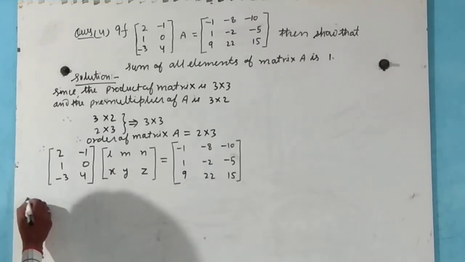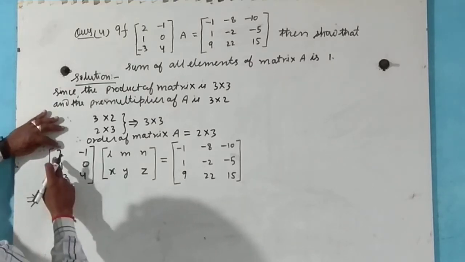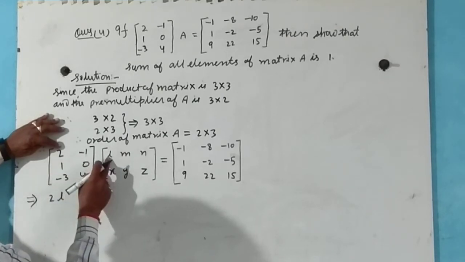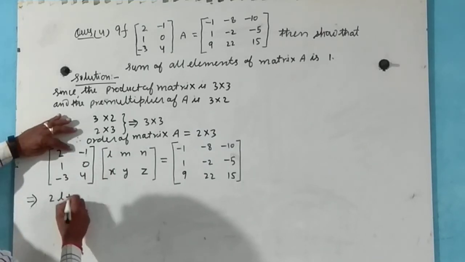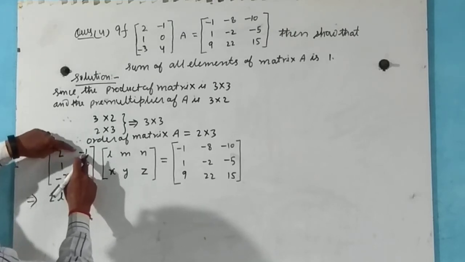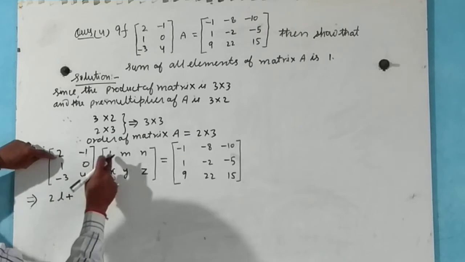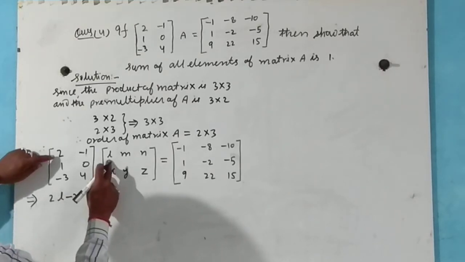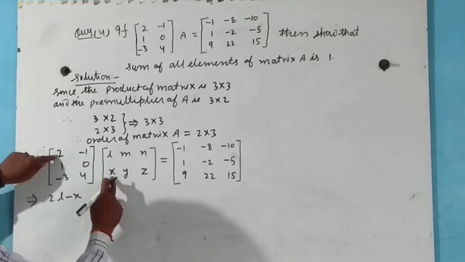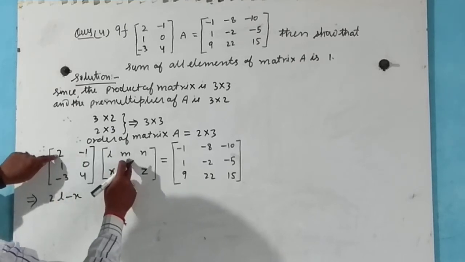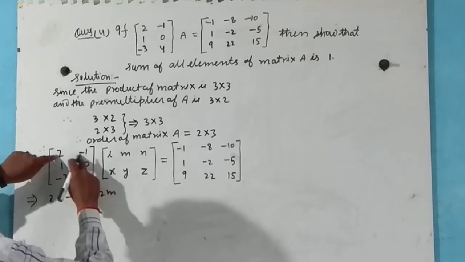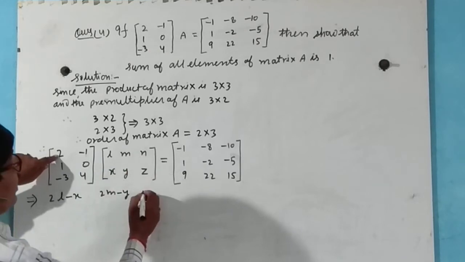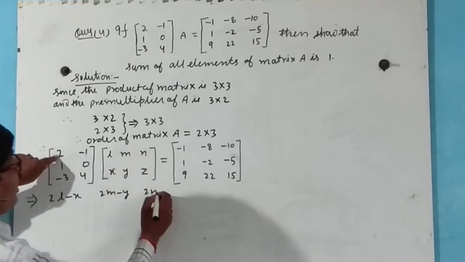Multiplying by the row by column method, the first entry is 2L minus X, then 2M minus Y, then 2N minus Z.